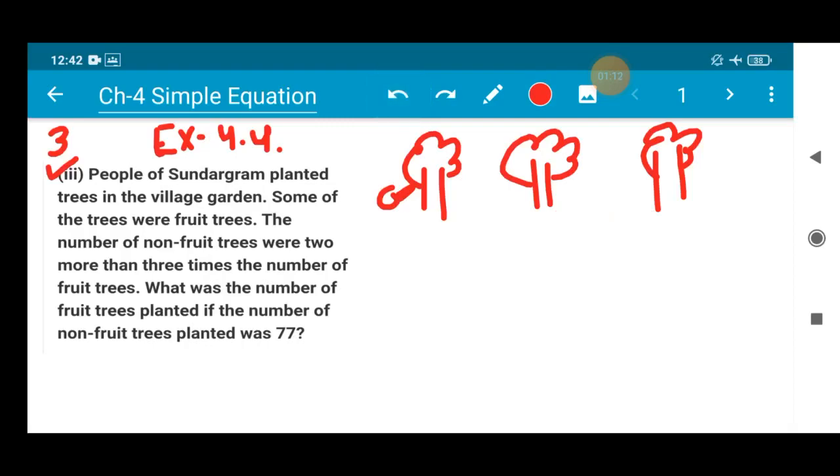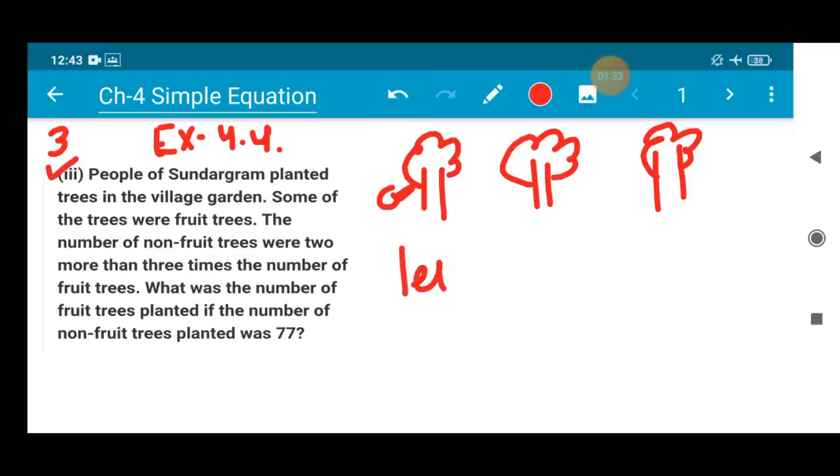Now the number of non-fruit trees was 2 more than 3 times the number of fruit trees. What was the number of fruit trees planted if the number of non-fruit trees planted was 77? If altogether the non-fruit trees were 77, what is the number of fruit trees that you have to find?